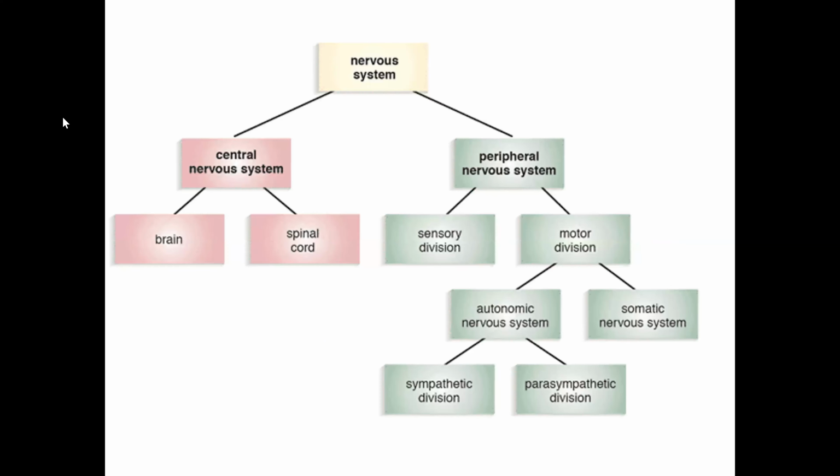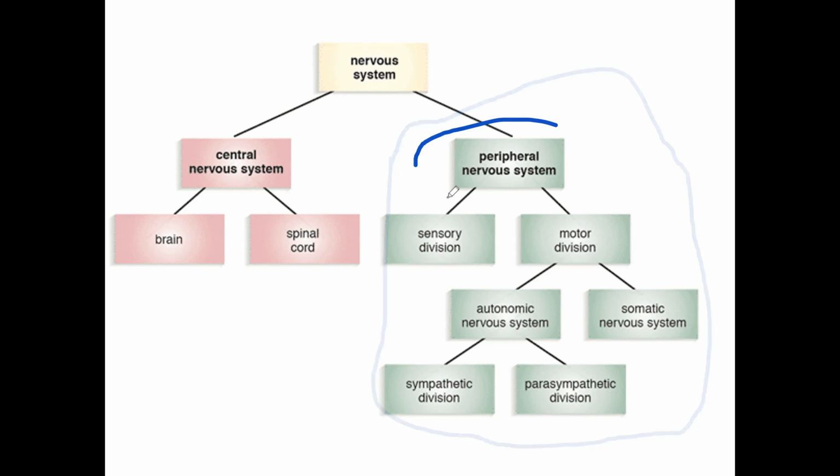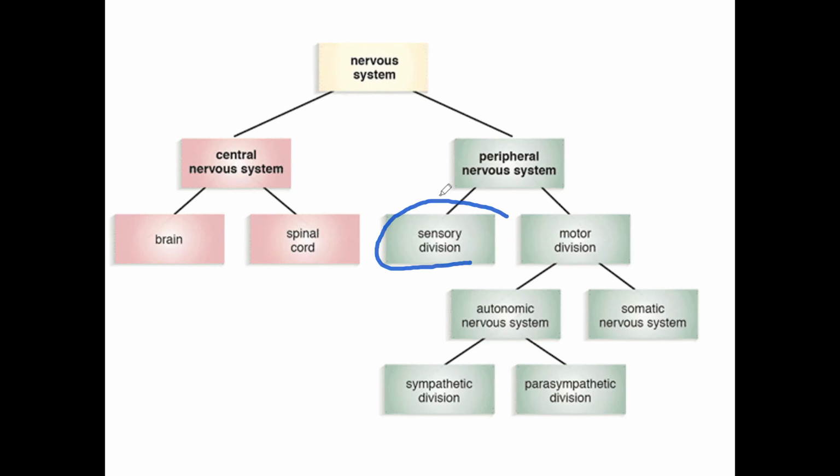So what we just said, you can see on this diagram. So here's nervous system divided into central, that includes brain and spinal cord. And you can see peripheral nervous system has way more divisions that we just covered. So peripheral nervous system includes sensory division, and sensory information goes toward the central.